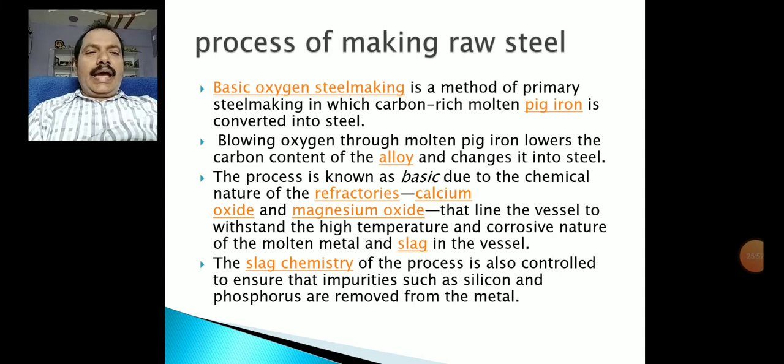The slag chemistry of the process is also controlled to ensure that impurities such as silicon and phosphorus are removed from the metal.